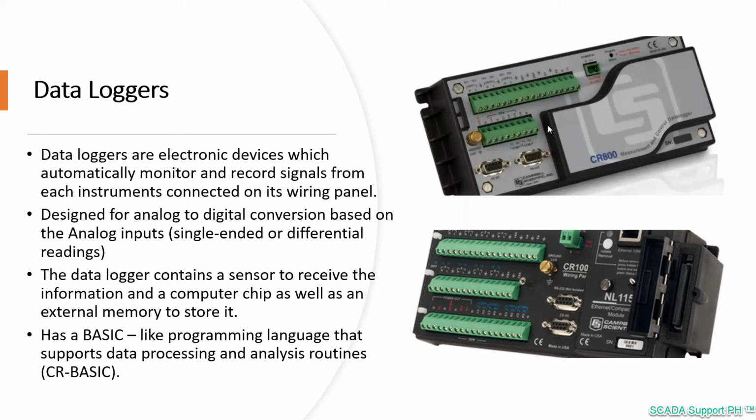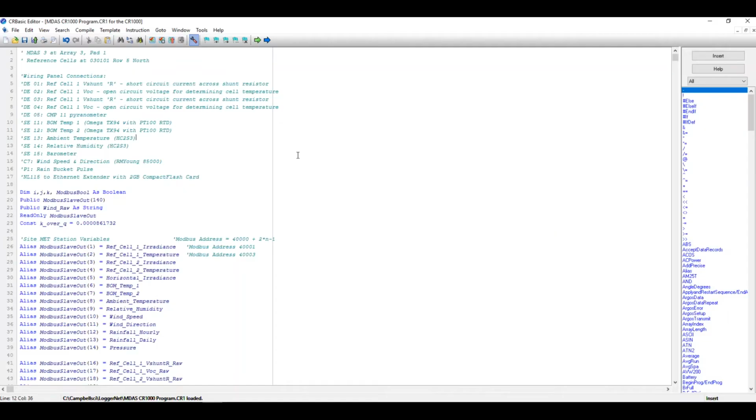The data logger contains a sensor to receive the information and a computer chip or a memory card to store it. The example data logger being shown here is the CR1000 from Campbell Scientific, which on board has a BASIC-like programming language that supports data processing and analysis routines. It is called CR Basic.